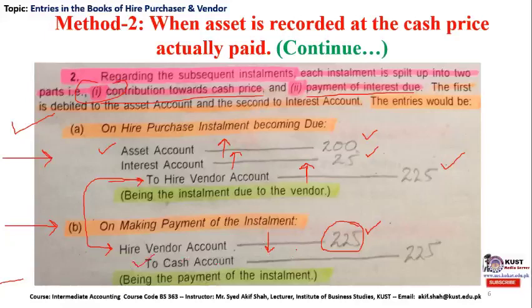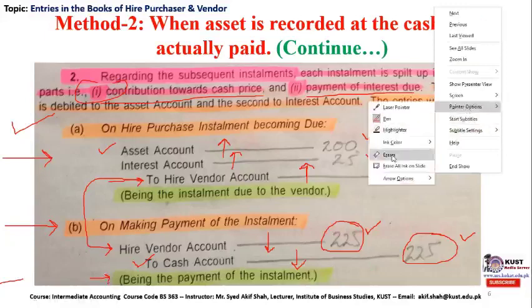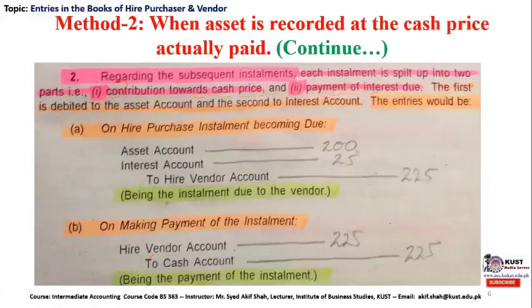Therefore, the cash account of the hire purchaser will reduce, and when there is a decrease in the asset account, it is recorded as a credit entry. Therefore, we have done the same in this hypothetical example. Then the short narration explains being the payment of the installment. This is the way the hire purchaser records the asset partially, according to the actual payments they are making slowly and gradually over the period of time.